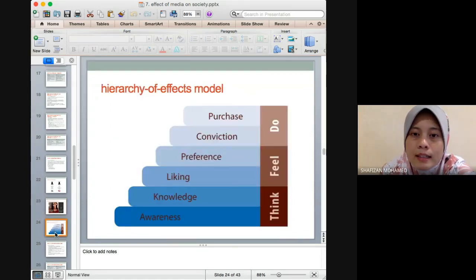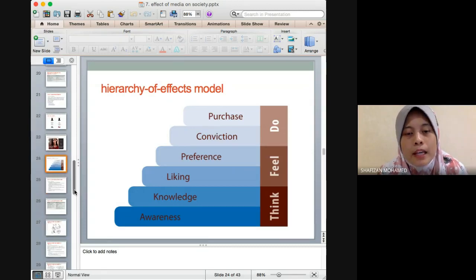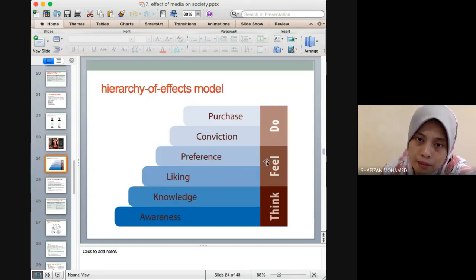Or then there's this theory of hierarchy of effects. That means this theory says if you want to convince audiences or the public, there are 3 levels. First, you must make the audiences think, then you make them feel, then only they will take the action.